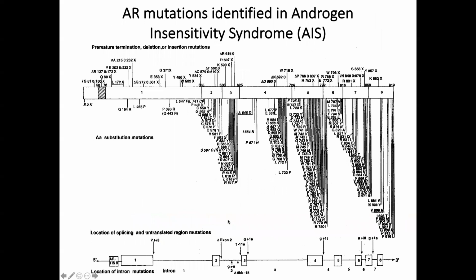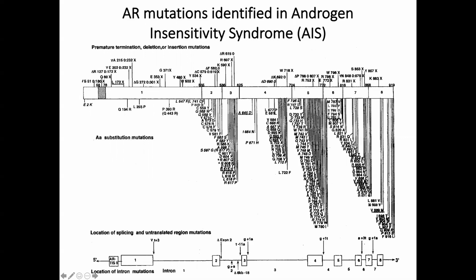This figure summarizes the mutations found in individuals with androgen insensitivity syndrome, also called AIS. AR is a protein with 919 amino acids, shown on the top here, and it contains 8 exons labeled here. This is the AR gene, which also contains 8 exons.